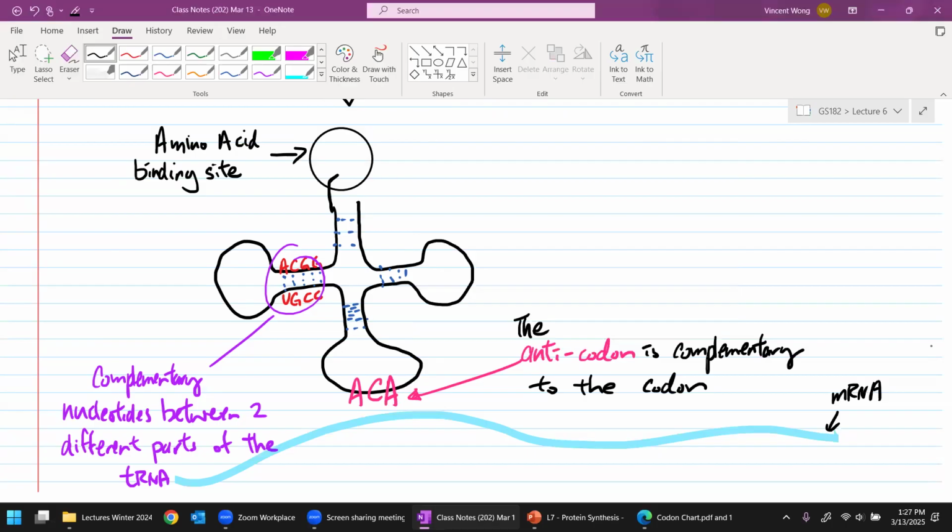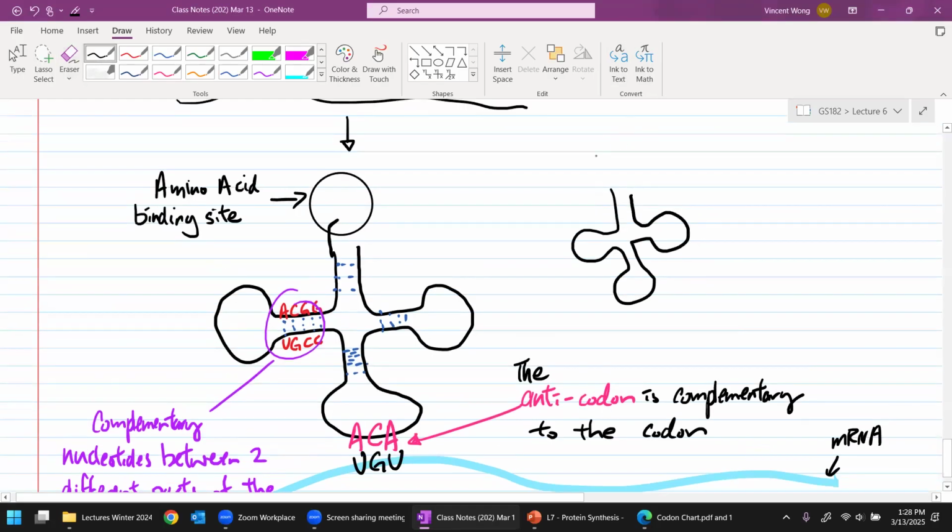So let's say at this specific spot it is UGU. So UGU, what amino acid are we looking for? CYS, right?